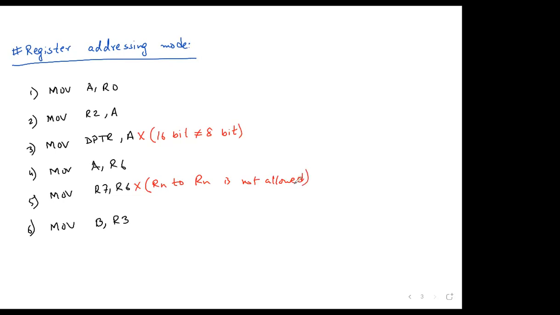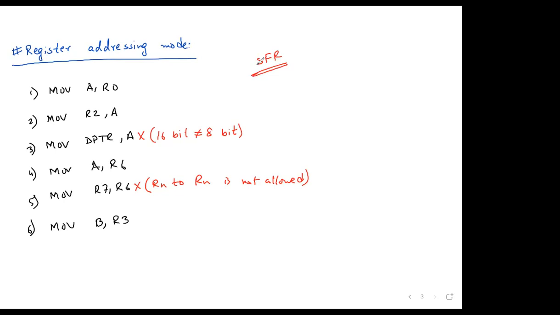So accumulator is also one type of register, right? Yes, accumulator is also one type of register. So how can move R2, A be a valid instruction and not R7? It's a special function register. Actually, your registers like accumulator or B are known as SFR, special function registers.